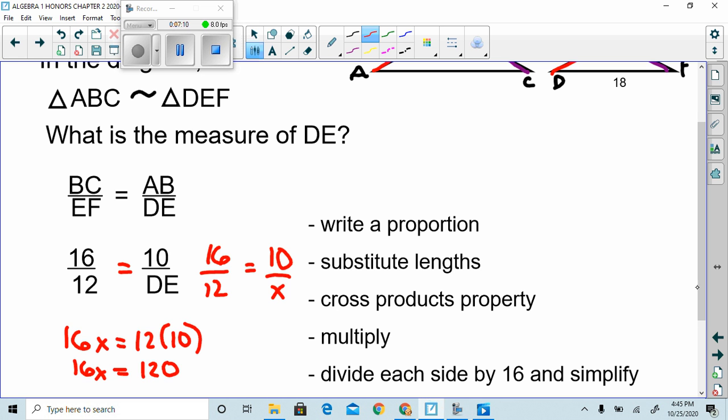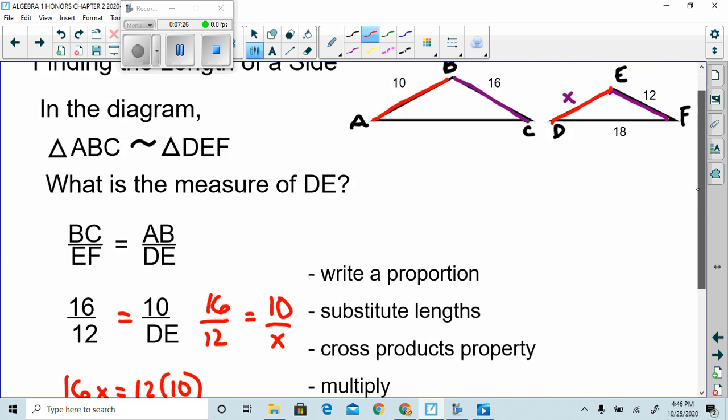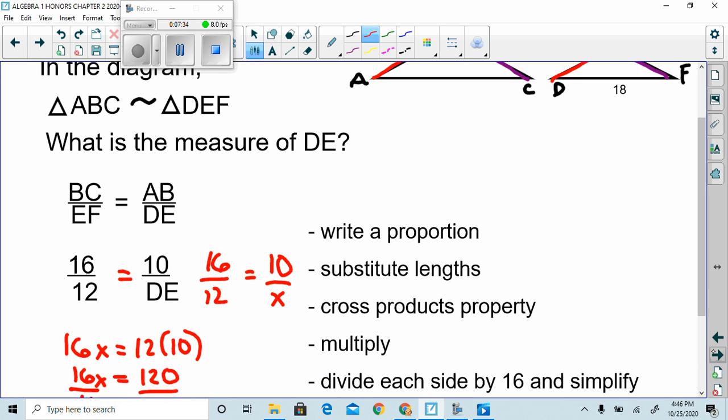And lastly, divide. And that missing measure is 7 5/10. So now we can go back and fill in x is equal to 7 5/10. Helps us to find the missing measures.